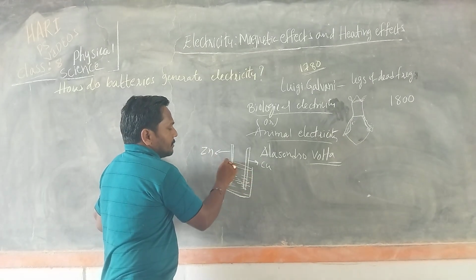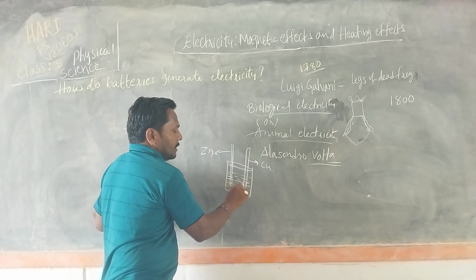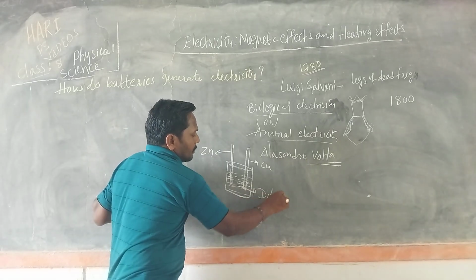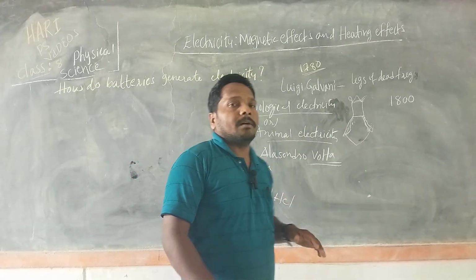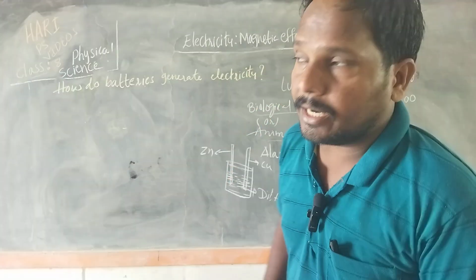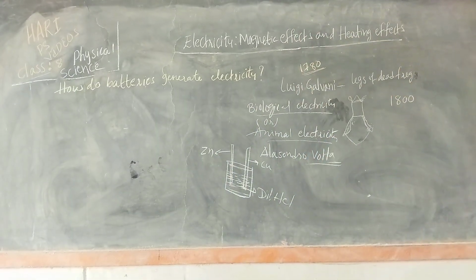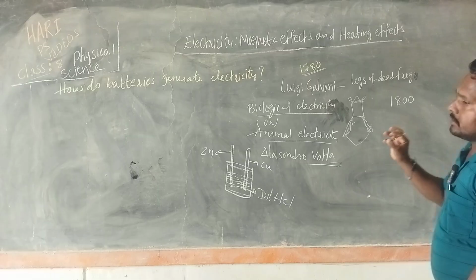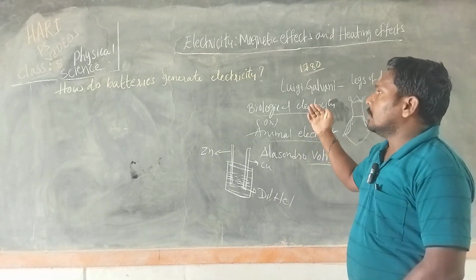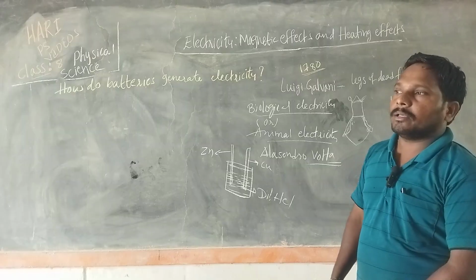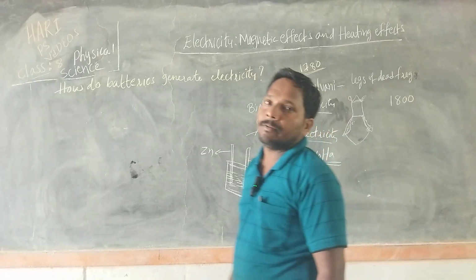Due to a chemical reaction between the dilute acid and the metals, electricity was generated. So this is the small history behind how the cell or the battery was invented.